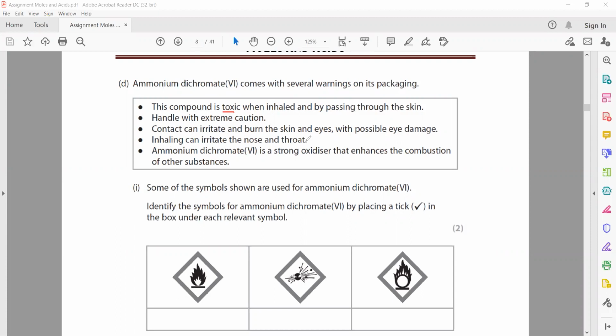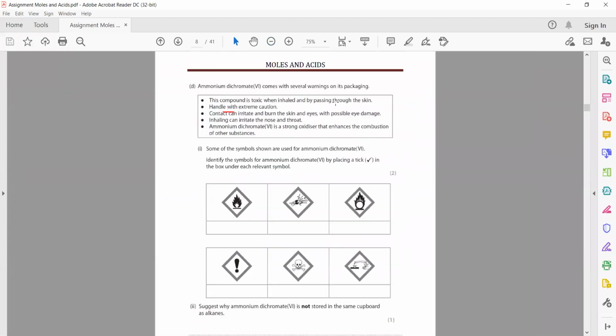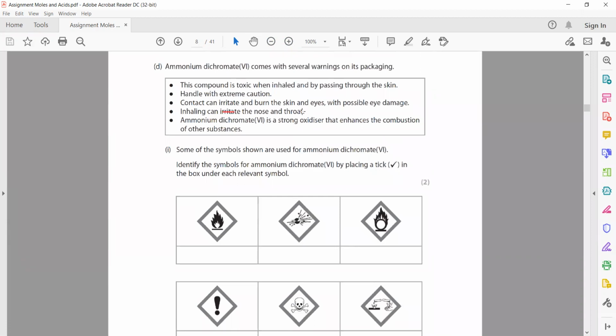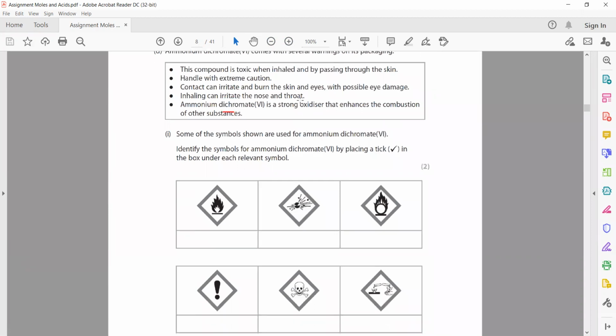Inhaling can irritate the nose and throat, and ammonium dichromate is a strong oxidizer that enhances the combustion of other substances. Oxidizing agents enhance the combustion of other substances. So we have to tick the relevant boxes according to the warning on the package.